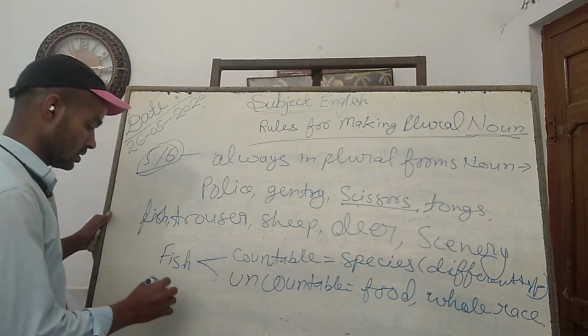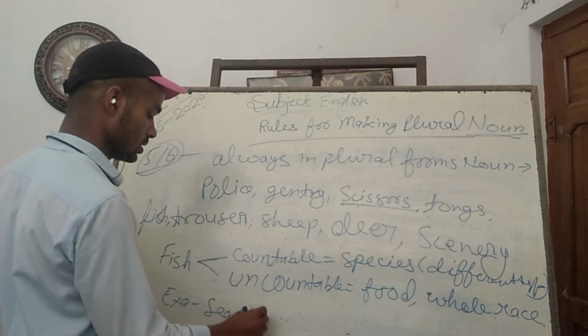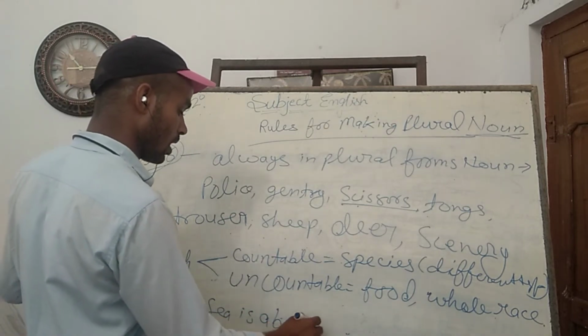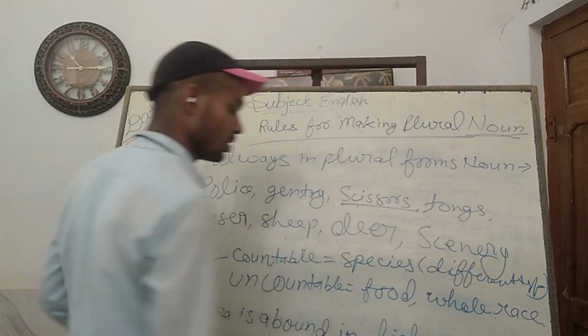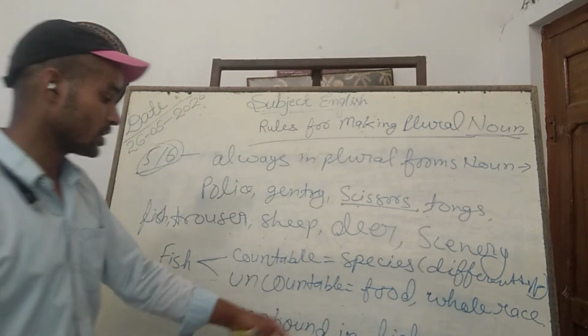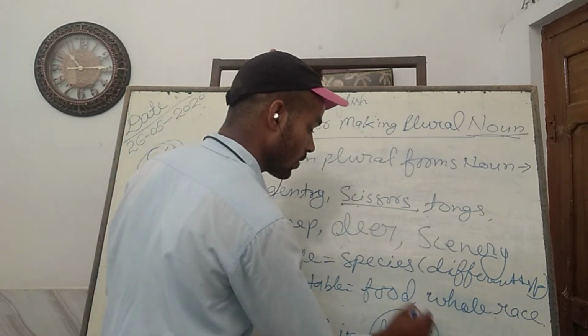For example, you can say, she is abound in fish. Abound in means समुद्र में मछलियां हैं. So what is this fish?